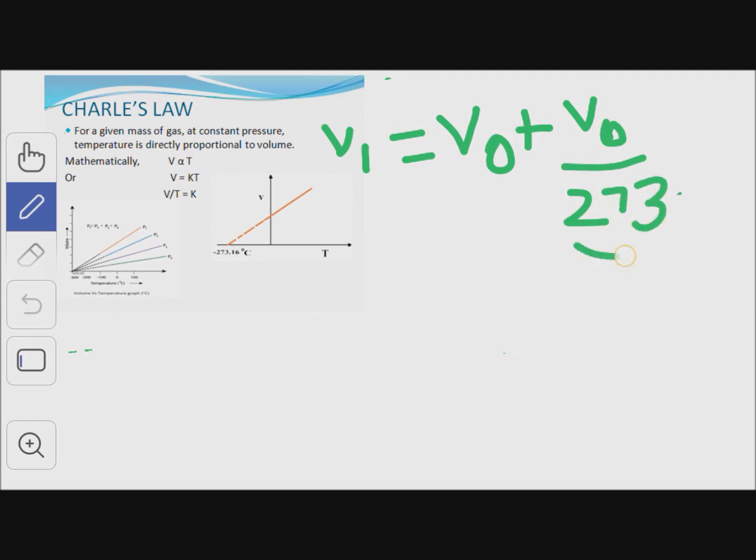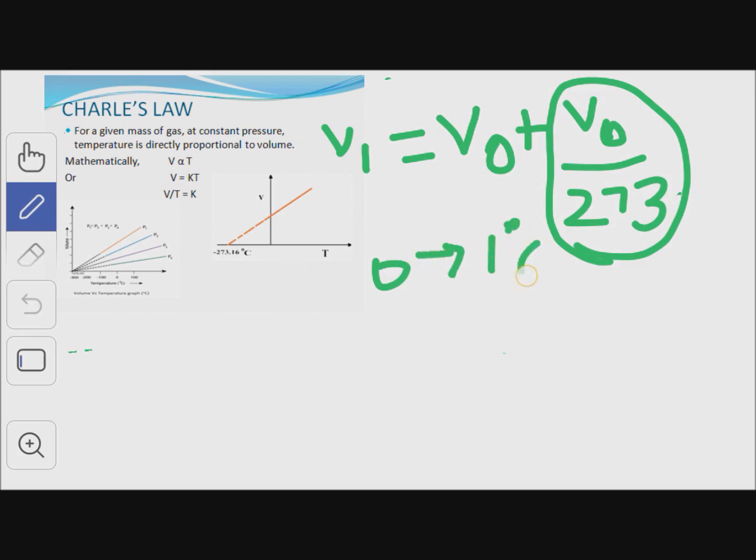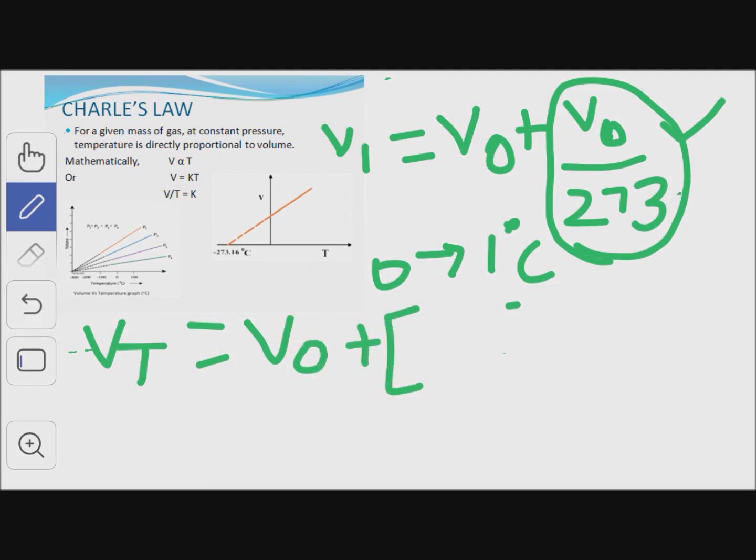For every 1 degree rise in temperature, this amount of volume is increased in the gas. Hence, at temperature T, the final volume Vt is equal to V naught plus V naught upon 273 into T.